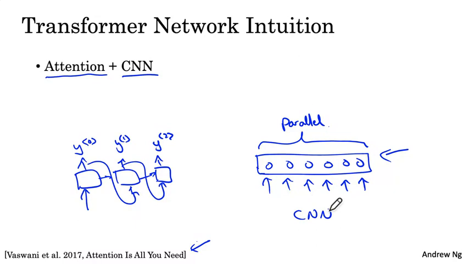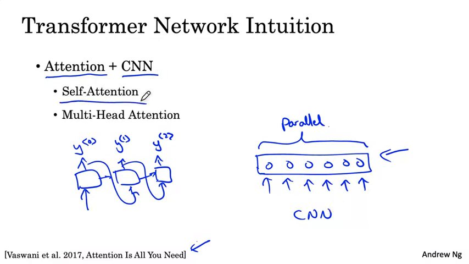To understand the attention network, there'll be 2 key ideas we'll go through in the next few videos. The first is self-attention. The goal of self-attention is, if you have, say, a sentence of 5 words, we'll end up computing 5 representations for these 5 words, which we're going to write A1, A2, A3, A4, and A5.